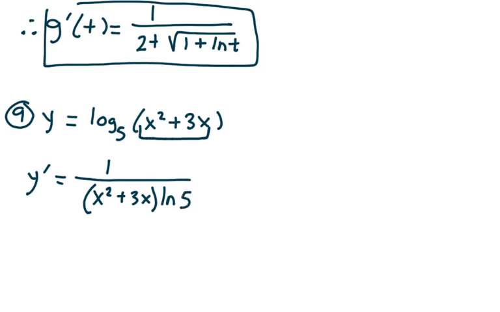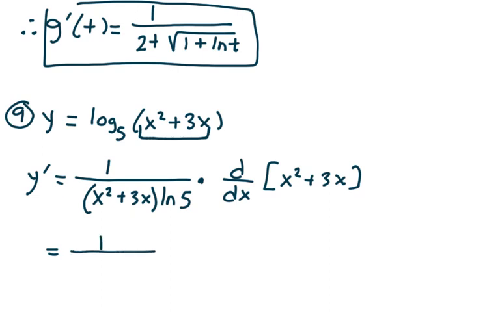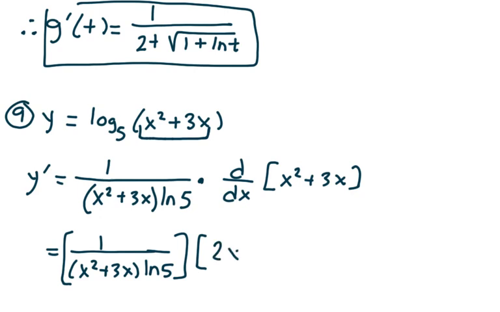And then even after all of that, what I need to do is multiply that quantity times the derivative with respect to x of x squared plus 3x. And then the derivative of x squared plus 3x with respect to x is 2x plus 3. So I get 1 over x squared plus 3x times the natural log of 5. And then I'm going to take that quantity and multiply by 2x plus 3.